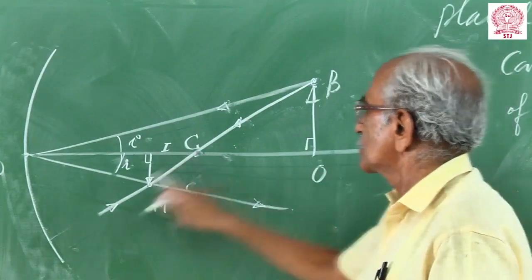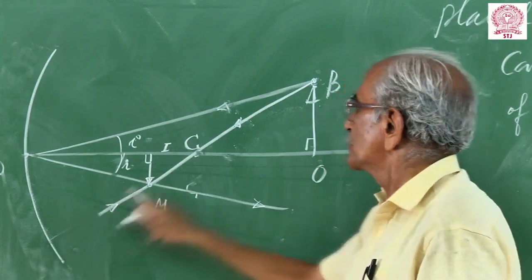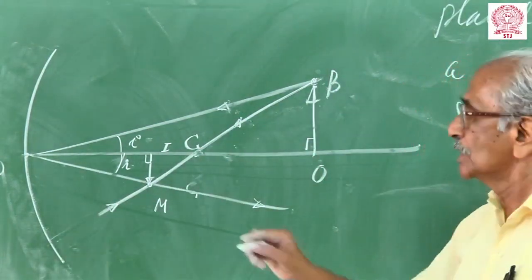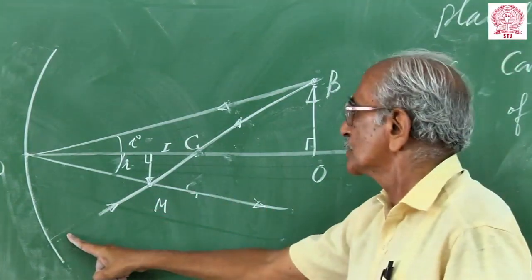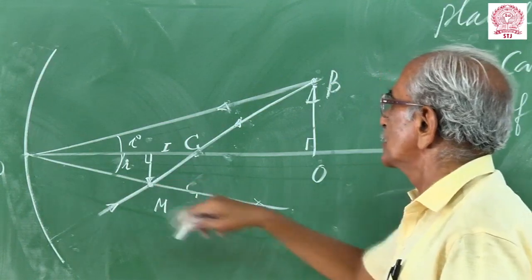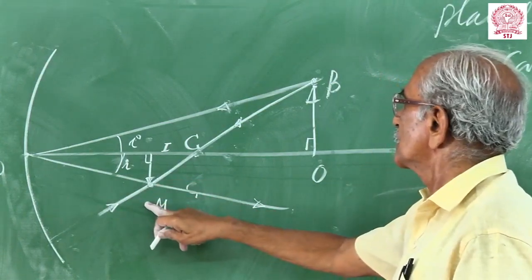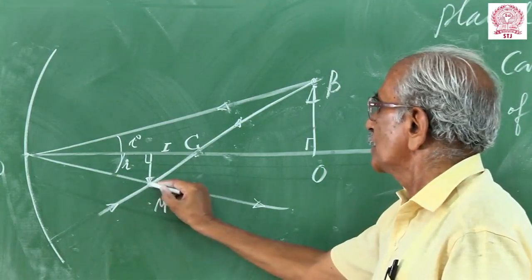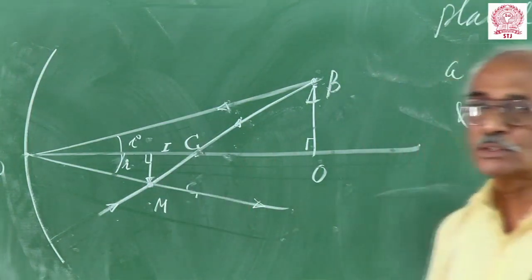Line joining center to any point of the mirror sphere falls normally, therefore it retraces the path because I is 0 here, R is 0. So this is the point of intersection of the two reflected rays. So this is one reflected ray, this is another reflected ray. Now the point where the reflected rays meet is called the image.